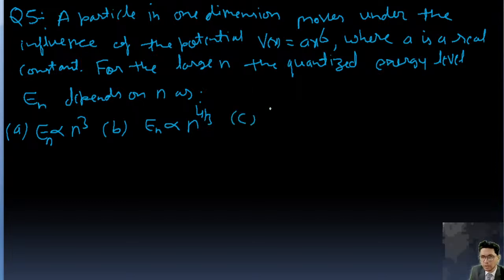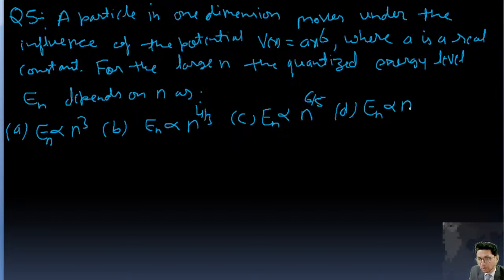Option C, E_n proportional to n to the power 6 by 5. And option D, E_n proportional to n to the power 3 by 2.